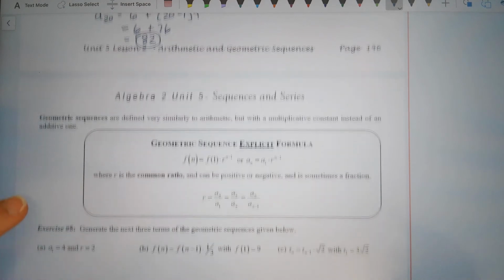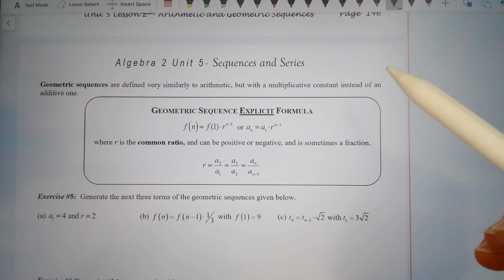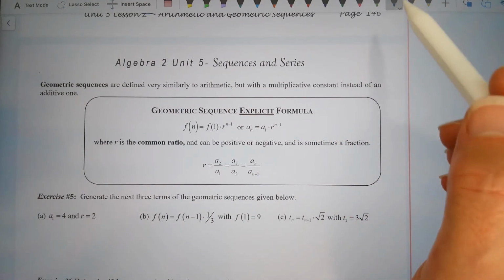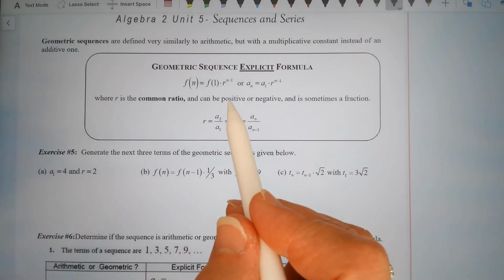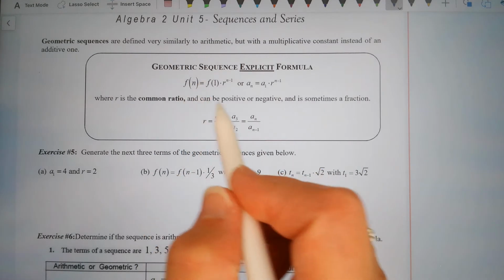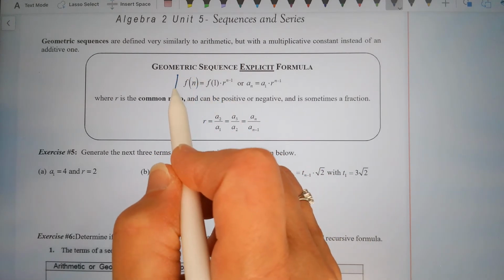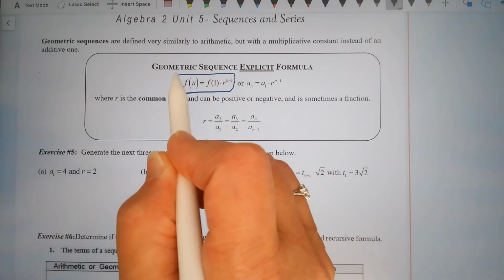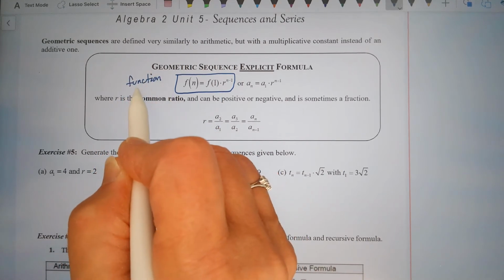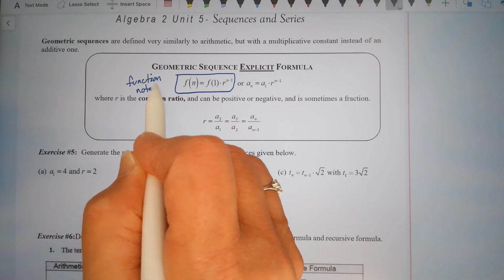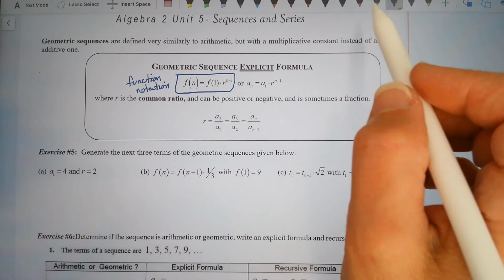Next, let's look at geometric sequences. Now, geometric sequences have a constant multiplier. And again, the formula here is the function notation. On the reference sheet, it's in subscript notation.